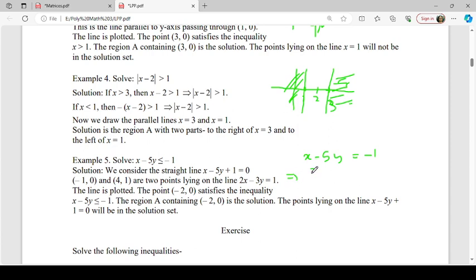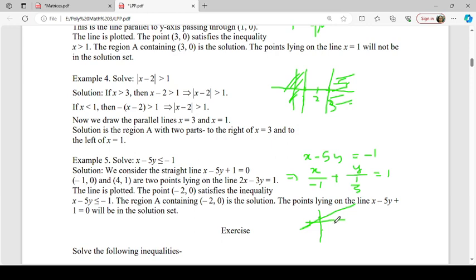We write the intercept form, x by minus 1 plus y by 1 by 5 equal to 1. So x intercept is minus 1, here it is minus 1. Y intercept is 1 by 5, somewhere here. So this is the line, and it is dividing the plane into two parts.